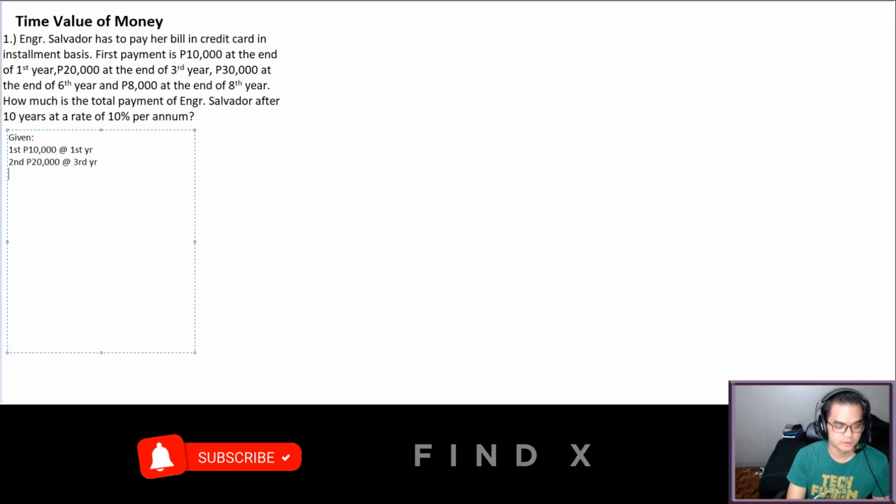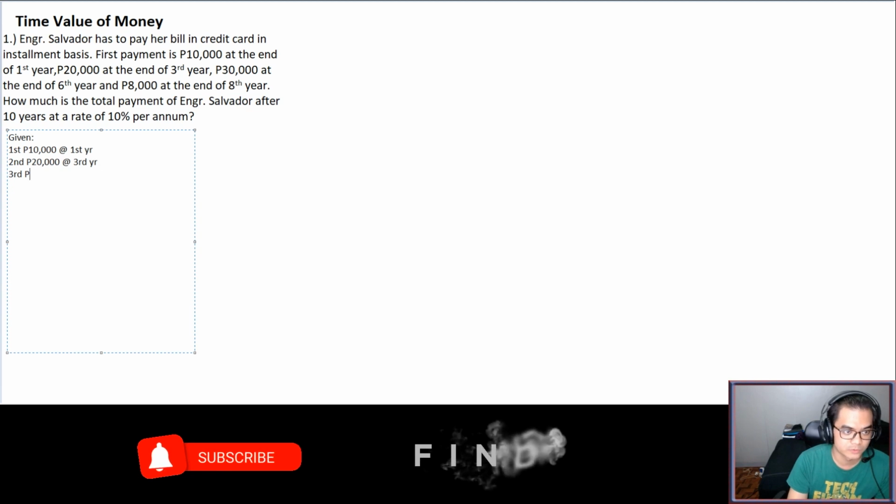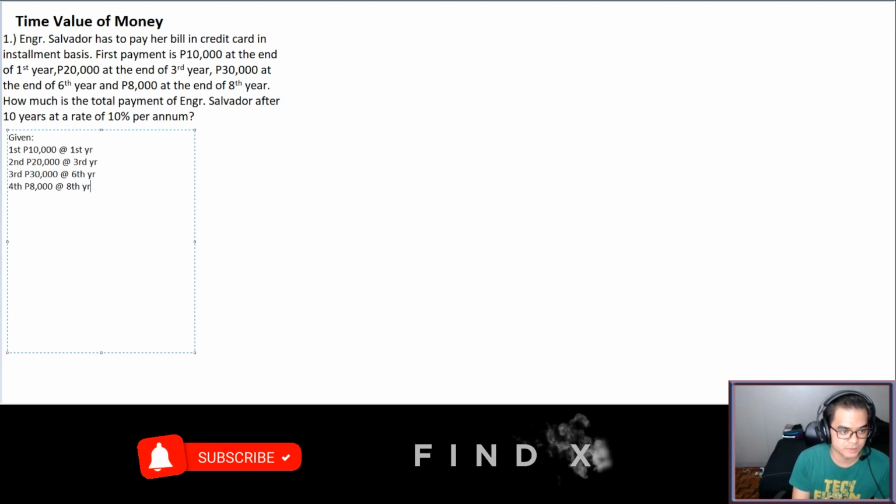The third payment is 30,000 at sixth year. And the fourth payment will be 8,000 at eighth year. All of these, of course, have an interest rate.